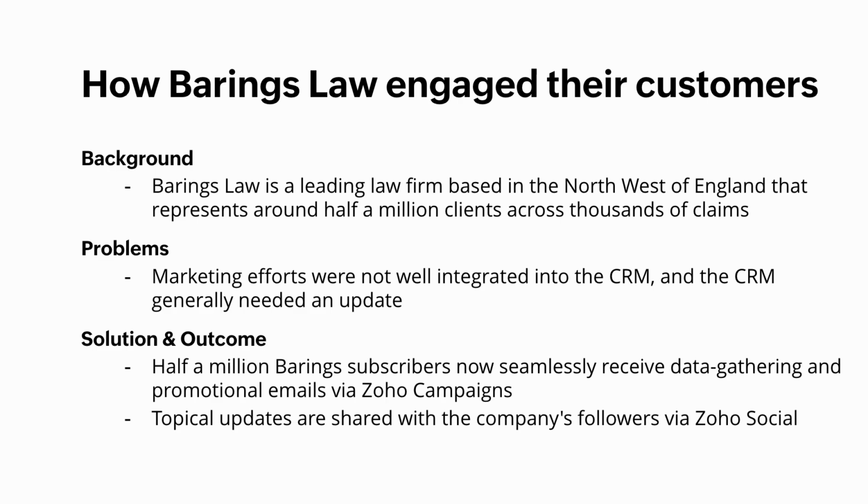So what they did was they switched to Zoho Campaigns, they switched to Zoho Social, which they then integrated with their CRM so that when someone received a campaign from them or when someone responded to a social post from them, all of that information was shared directly into the CRM. So anyone operating out of the CRM could see that they had received that campaign or that social post, and those salespeople were able to have more contextual conversations with them.